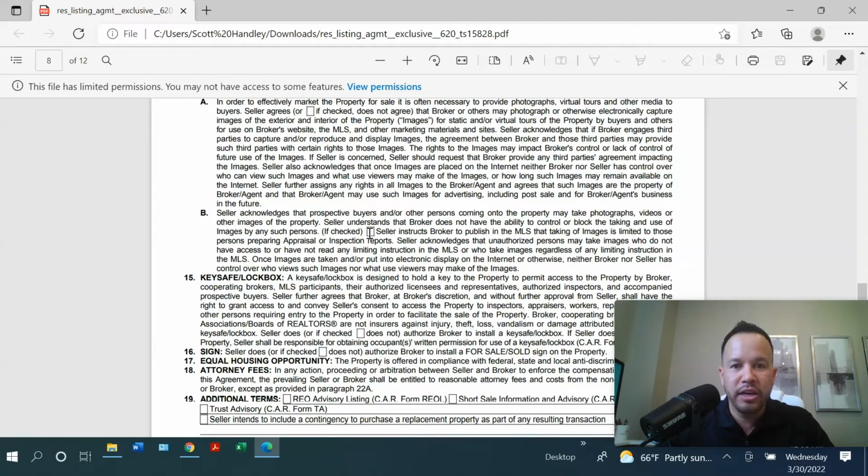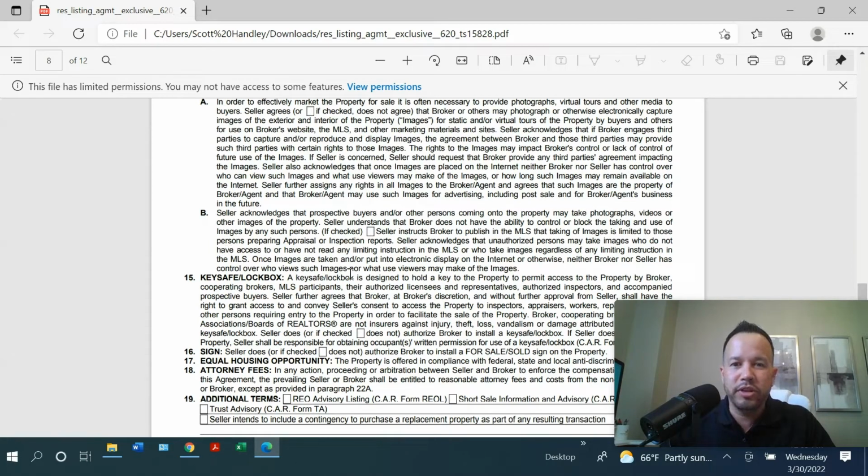If checked here, seller instructs broker to publish in the MLS that taking images is limited to those persons preparing appraisal or inspection reports. Seller acknowledges that unauthorized persons may take images who do not have access to or have not read any limiting instruction in the MLS, or who take images regardless of any limiting instruction of the MLS.